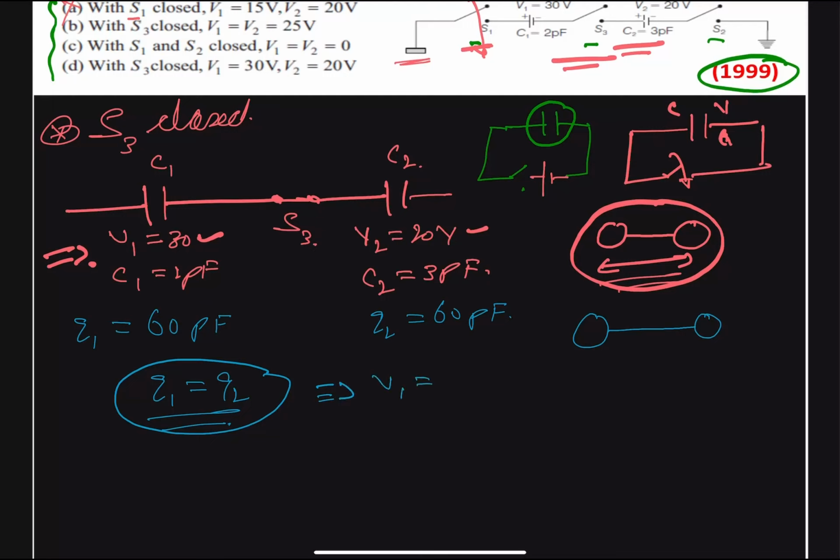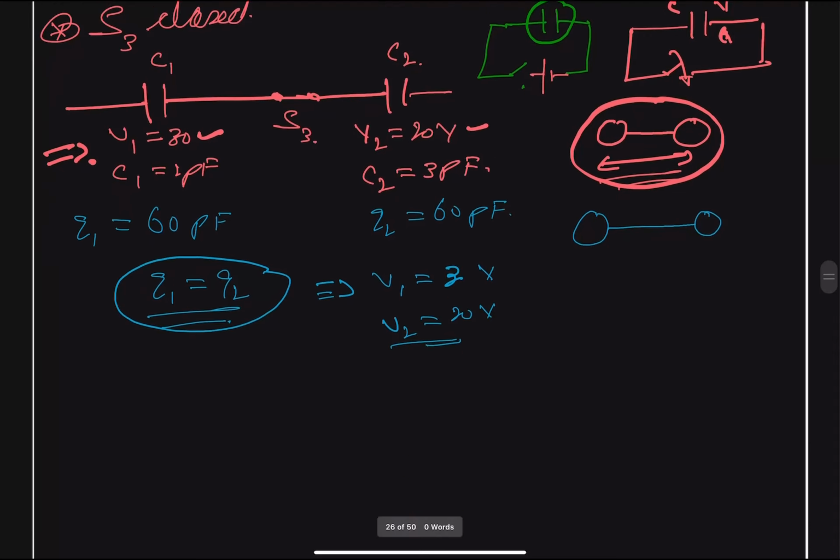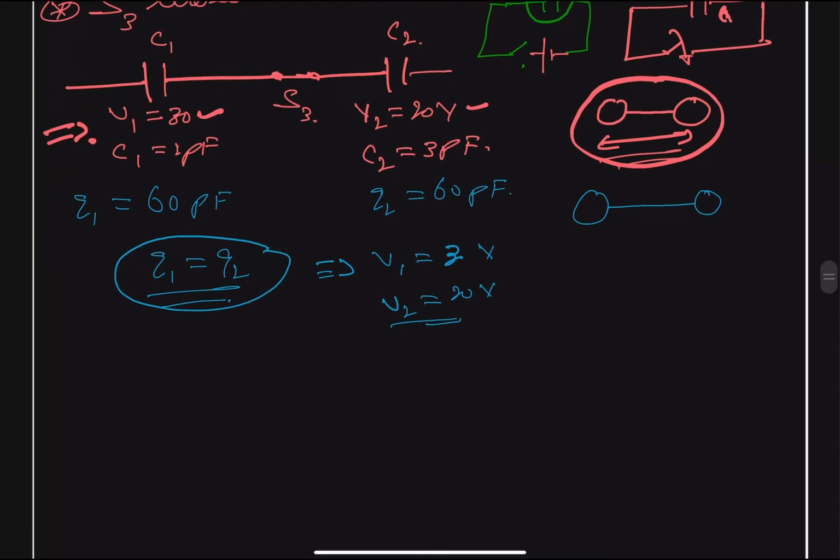So we get our V1 will once again be 30 volt and V2 will also be 20 volt. So therefore option B cannot be the correct one, but option D is the correct one, that V1 is 30 and V2 is 20. You can say option D is correct.